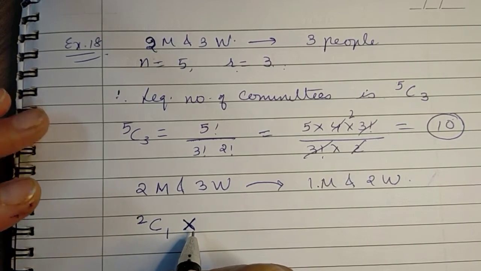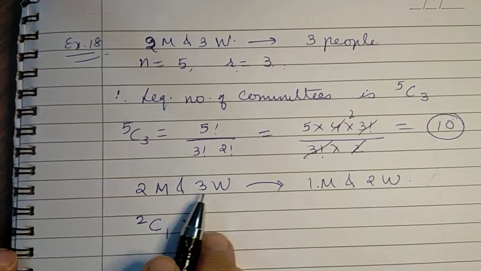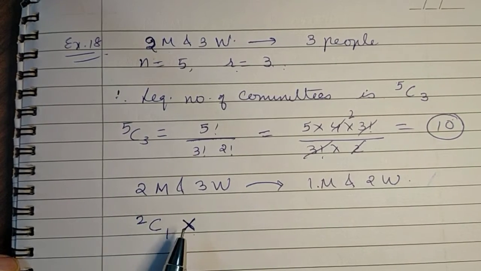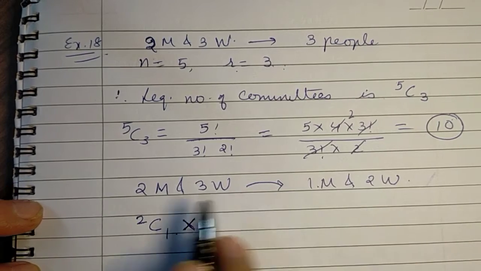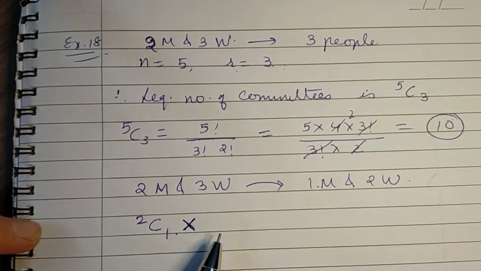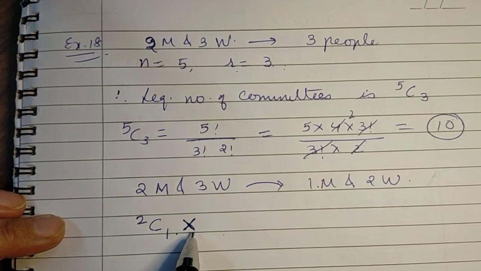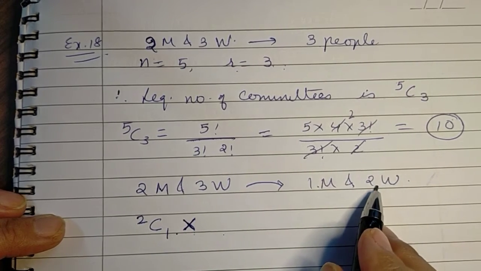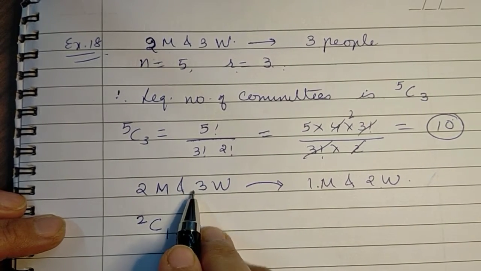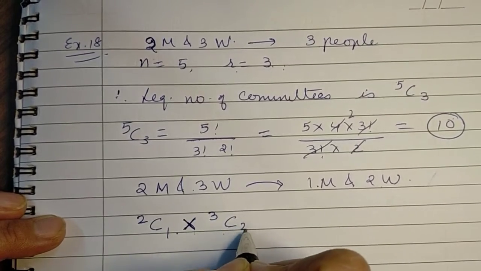And why do we have 'and' here? Because the committee is not complete unless and until we also choose 2 women from the given 3 women. So and, that is into, the 2 women can be chosen from 3 in 3C2 ways.